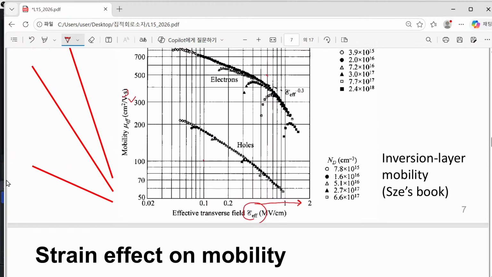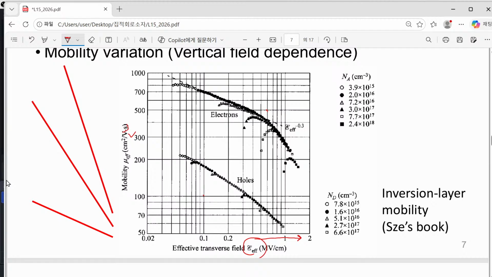In this slide we have shown a very famous curve, and actually it has its own name. This curve is so famous, and it is called the universal mobility curve.